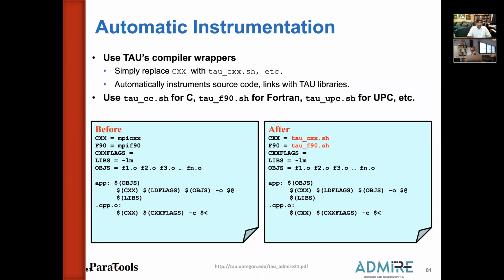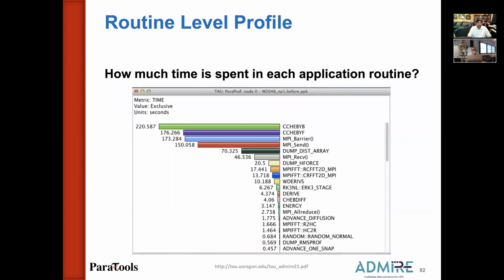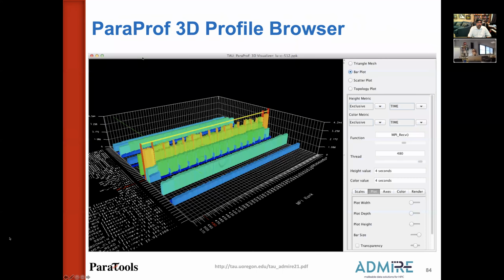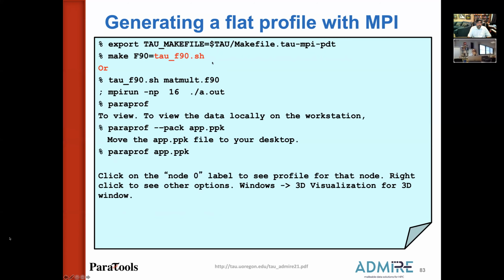Here is how you can just substitute the MPI compiler with the tau compiler scripts, and then generate the profile files. Here is a routine level profile. This is how you can set the tau makefile. Just say make tau f90 as tau f90.sh, and then it will compile your code, or you can use the tau f90 like this, and then run the application.